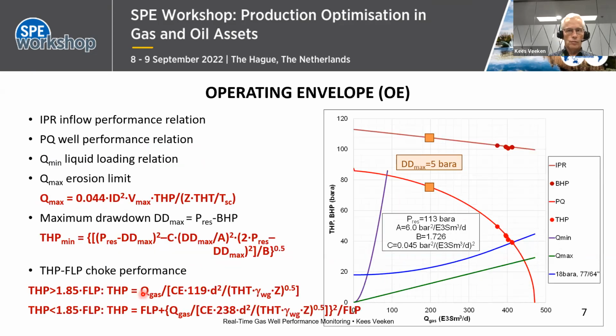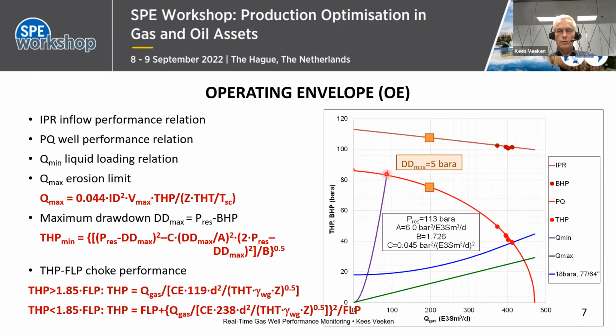You can then use the same expressions to construct this operating envelope that you see in this figure. So you have the IPR on top, with a few data points just as example, and you have the PQ curve at the bottom in bright red with the same data points.